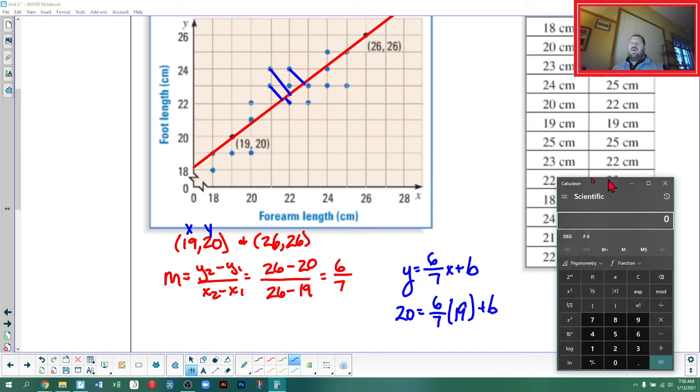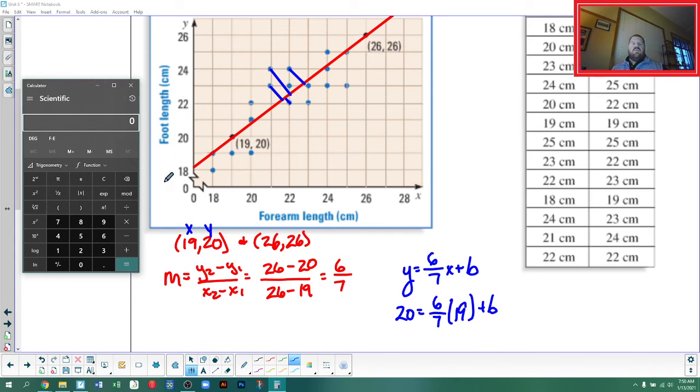That opened up way over there. Okay. And so the way I'm going to do 6/7 times 19 is I'm going to go 6 times 19 and then divide by 7. And it may actually be easier to deal with decimals because this one's going to give me a pretty nasty decimal anyways.